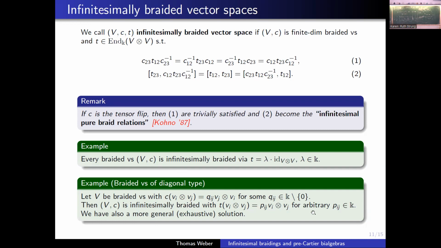And here you can go wild, you can set some of them to 0, some not, anything, and everything works. So all of those will solve 1 and 2. Here I just gave an easy formula. We even classified all possible T's you can have for braided vector spaces of diagonal type.